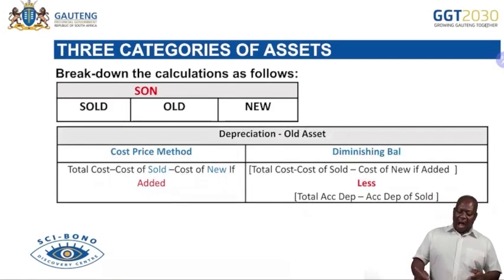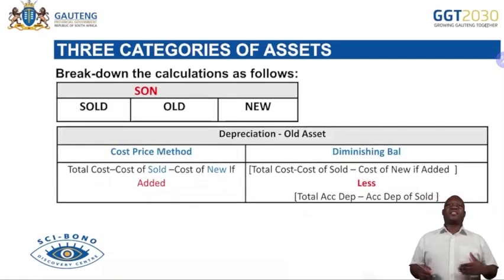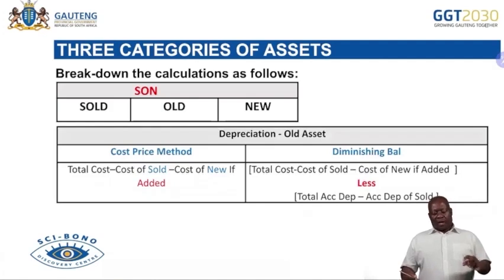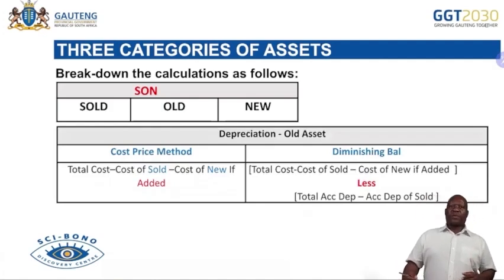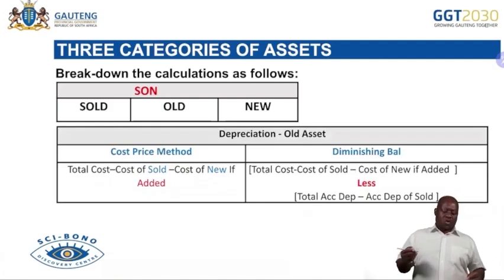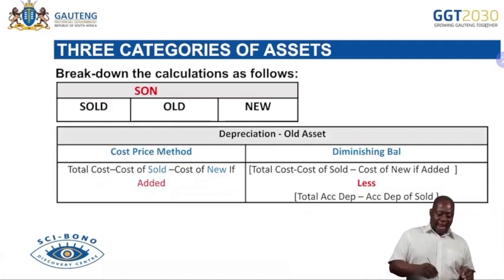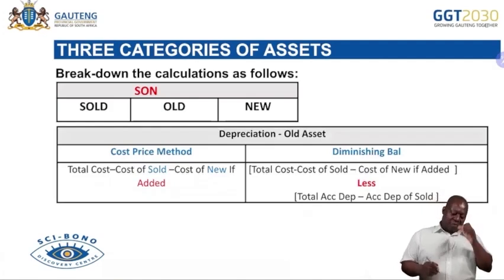Now, how do we go about calculating depreciation on the old asset? If you are using the cost price method, we take the total cost of all our assets minus the cost of the asset that has been sold. We also remember to consider the cost of the new.